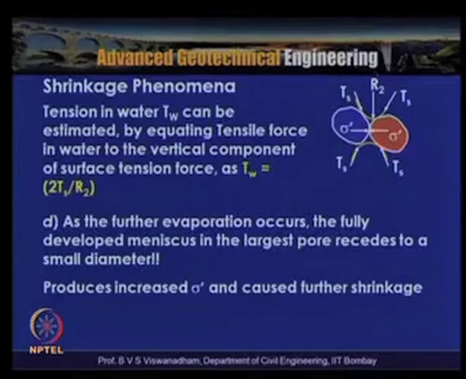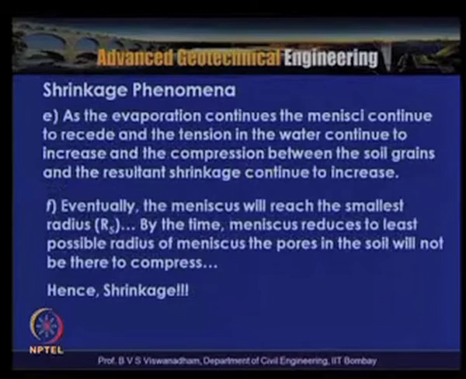As the evaporation process goes on, the menisci keep on becoming sharper. With that, the tension in the water continues to increase, and because of this the fully developed meniscus in the largest pore space recedes to a smaller diameter, which pulls the particles to a closer distance. This explains the typical shrinkage phenomenon we experience in fine-grained soils.